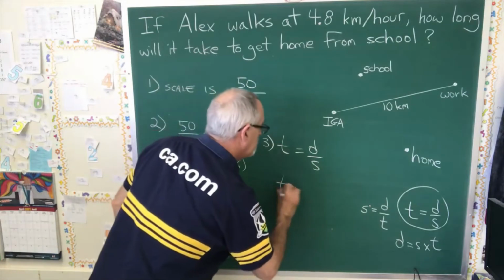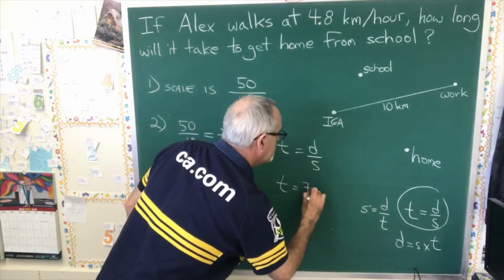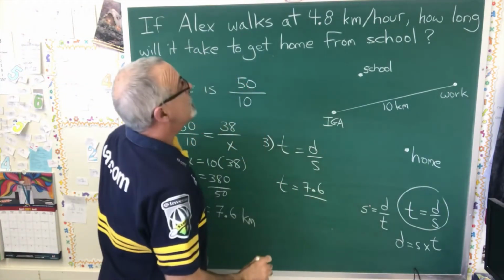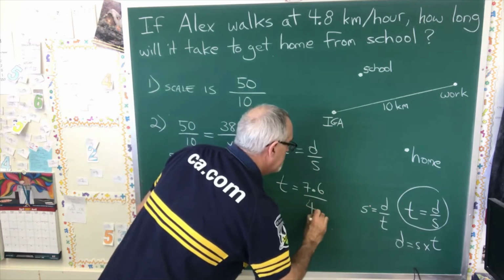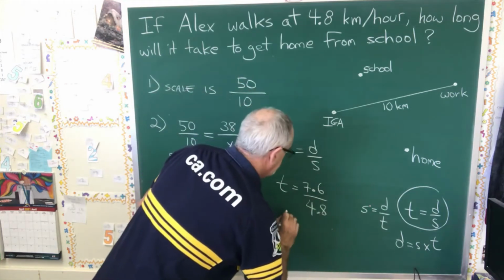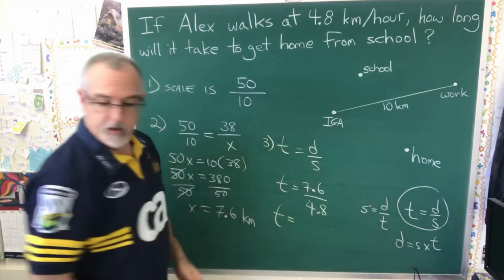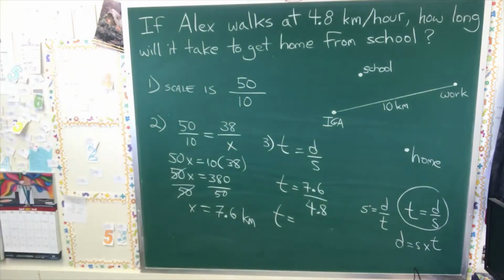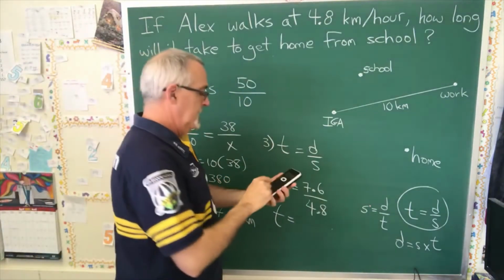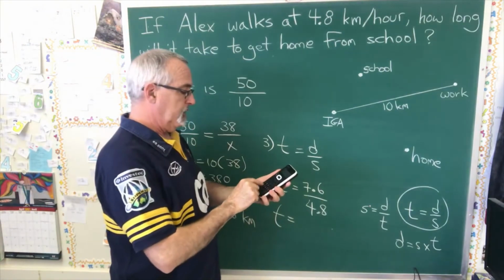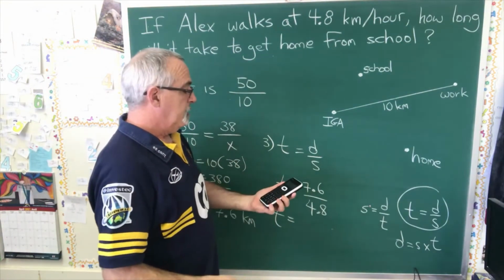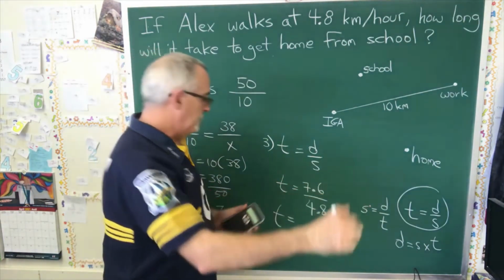So my time is going to be equal to 7.6 over 4.8, and this time I really will use my calculator. 7.6 divided by 4.8, 1.583333, so I have to round.